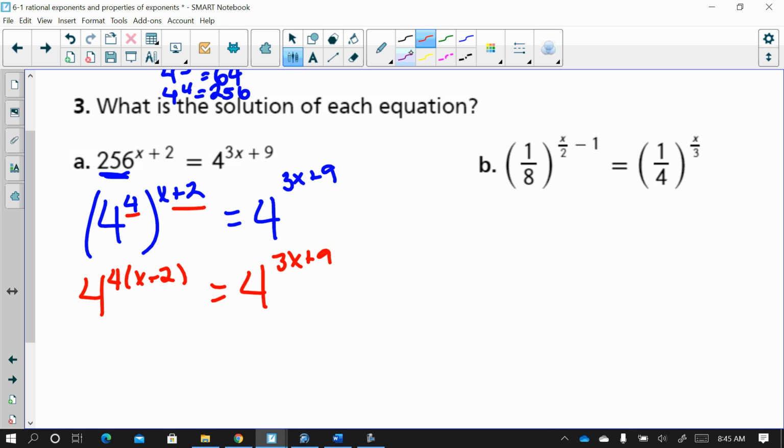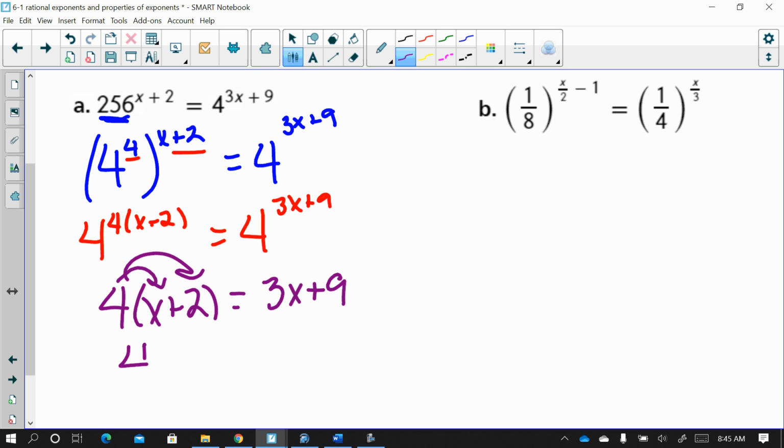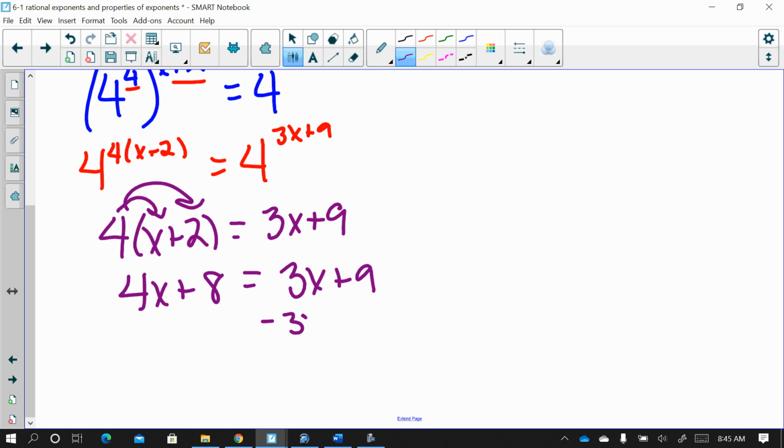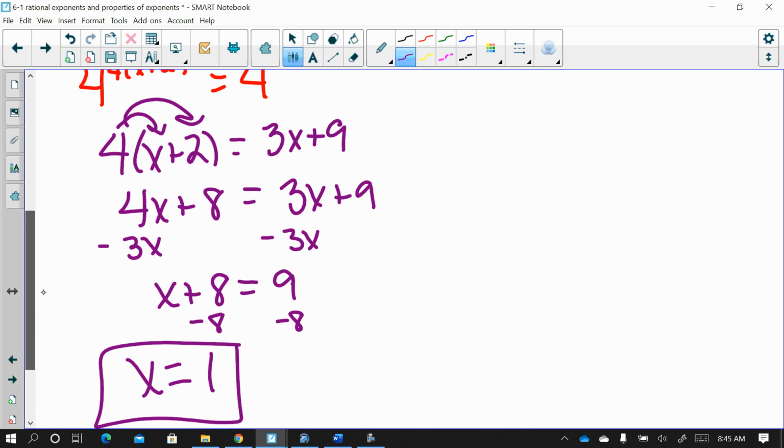My bases are the same, so I can set my exponents equal. And let's solve. I can distribute. Get all my x's on the same side, and then get all my numbers on the same side. So x equals 1 in this problem.